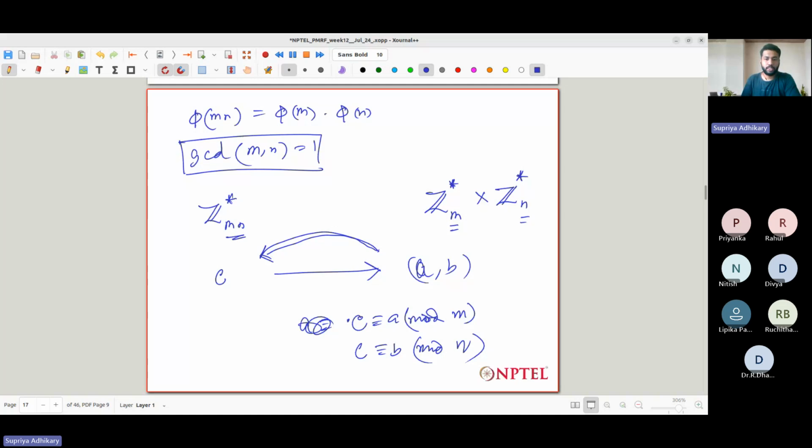So now we have to prove that this mapping is a bijective mapping, and if this is a bijective mapping, then the size of this set would be phi m multiplied by phi n, and the size of this set is nothing but phi mn. If we can prove that this map that we have defined is a bijective map, then we can definitely say that this is true.